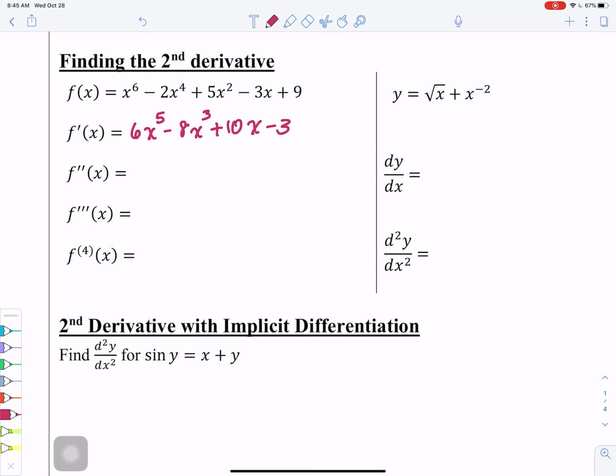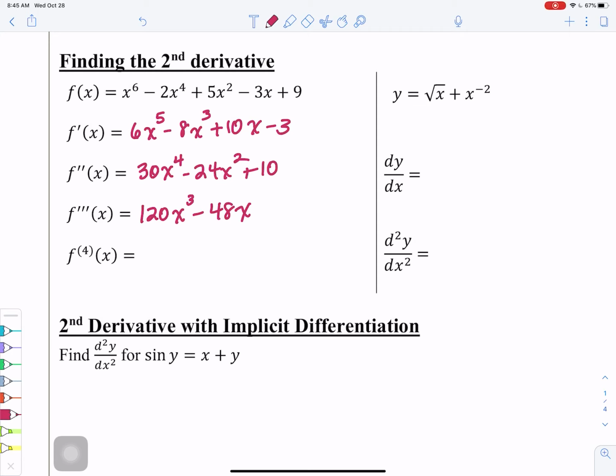And so now, if you notice what's going to happen, if you keep going, eventually with a polynomial, you will reach 0. Let's do a few. The second derivative is 30x^4 minus 24x^2 plus 10. The third derivative is 120x^3 minus 48x.